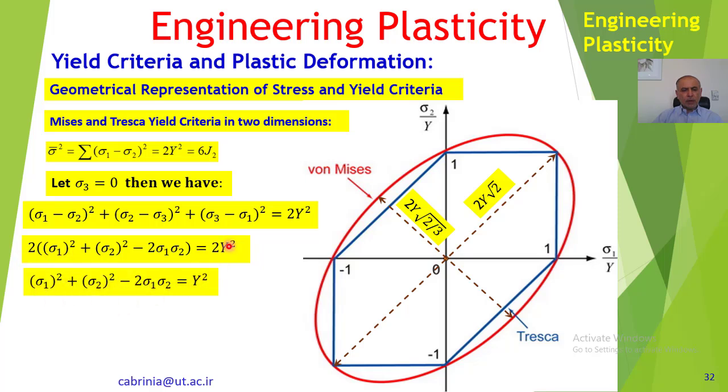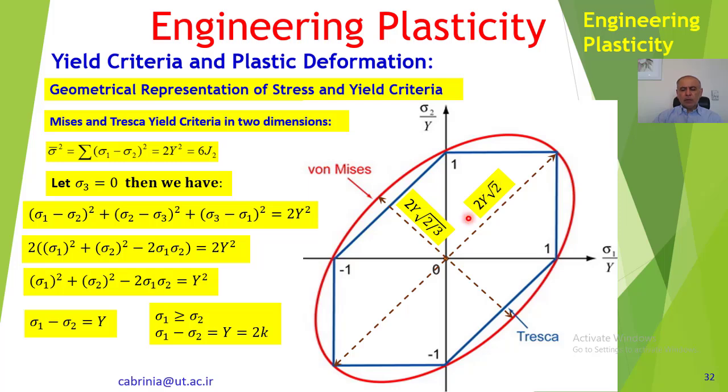If we cancel out this 2, this is obviously sigma 1 minus sigma 2 equal to Y, and for sigma 1 greater than sigma 2, we have this relationship, and these are the minor and major axes of the ellipse, which are 2Y root 2 over 3 and 2Y root 2.